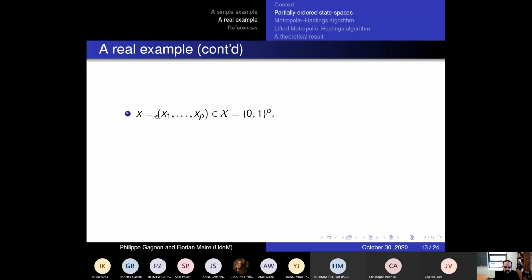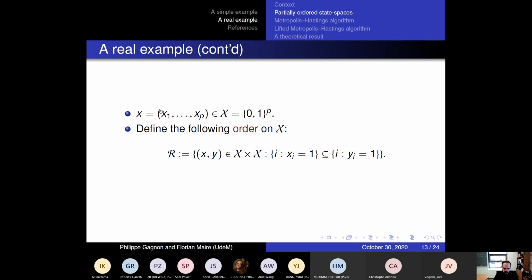And the components can take the value 0 and 1. So for instance, if x1 takes the value 0, it means that the first covariate is not included. When it takes the value 1, it is included. Okay, so for a fixed x with zeros and ones, you know exactly which model you are looking at. And we will see that this set is not totally ordered.